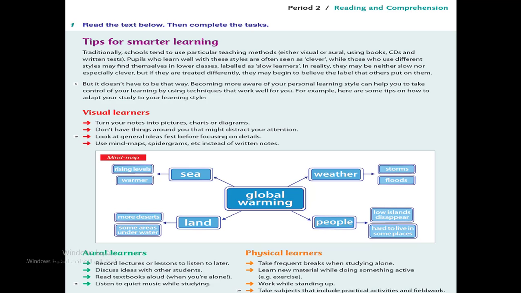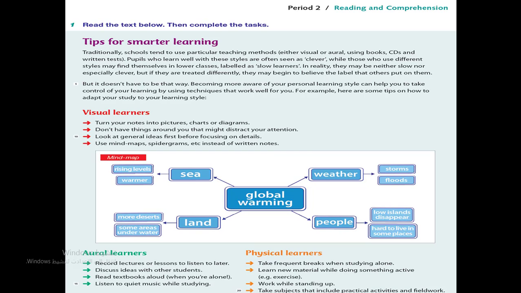Let's start the second lesson by the first skill, which is skimming. You can now open your book at page number 6 to have a look at the topic. This is the shape of the lesson in your book of period number 2. As you can see, we have a report. This report has a main topic and some other subtopics.